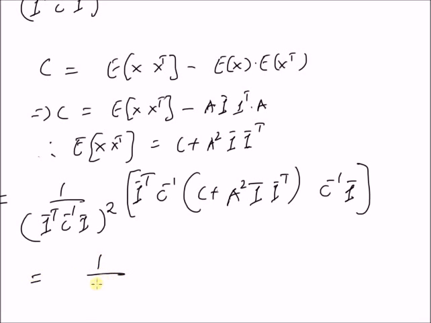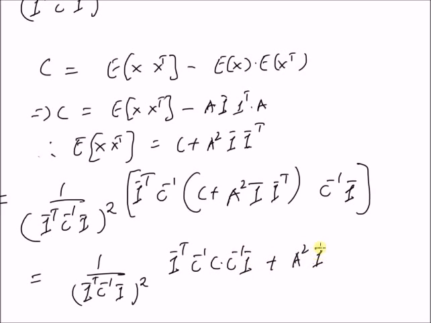This becomes 1 by 1 bar transpose C inverse 1 bar whole squared, times 1 bar transpose C inverse C into C inverse into 1 bar plus A squared into 1 bar transpose C inverse into 1 bar whole squared.